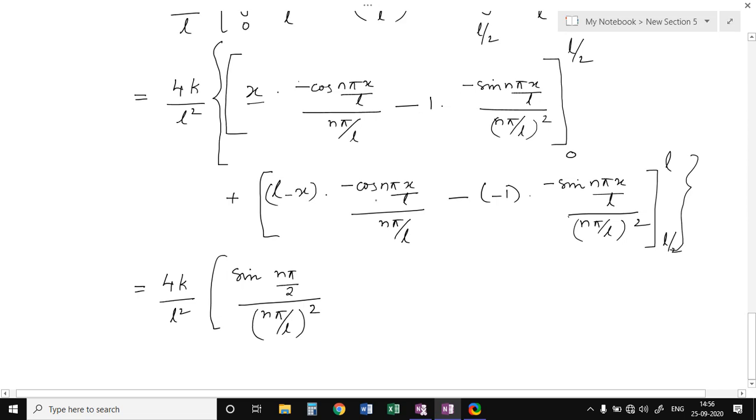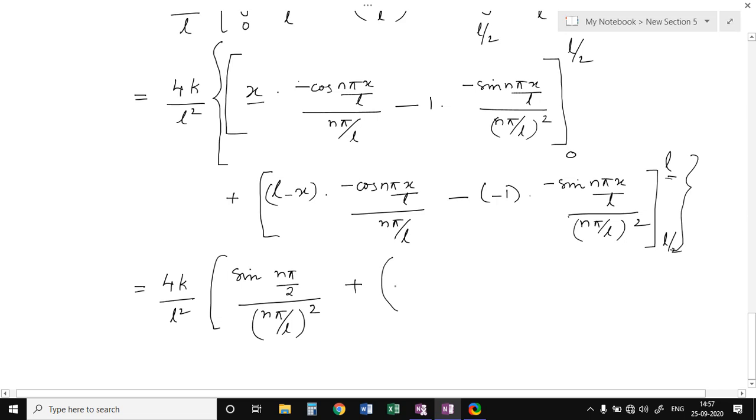Now compute the second bracket, here L minus x. The upper limit is L here. When you substitute L here, you will get L minus L, so it is 0. And when you put x equal to L, we get sin n pi, that is also 0.